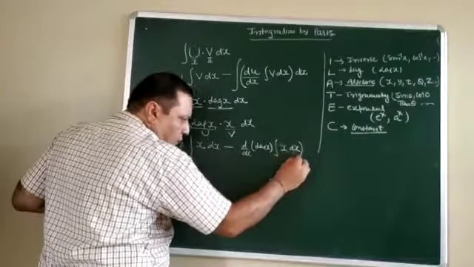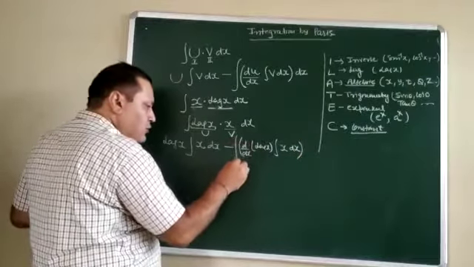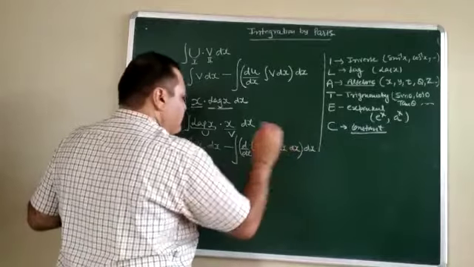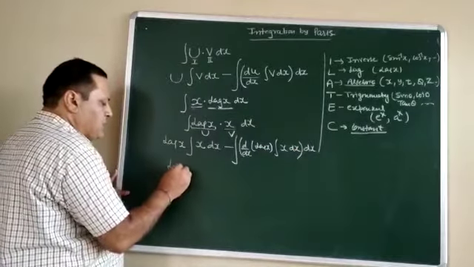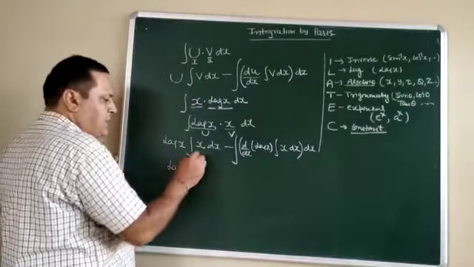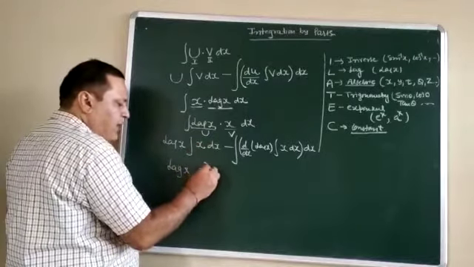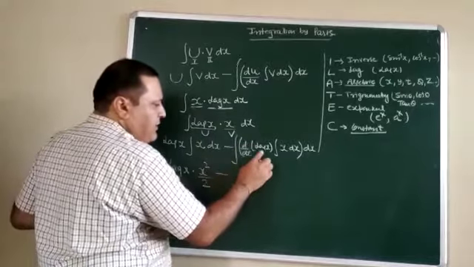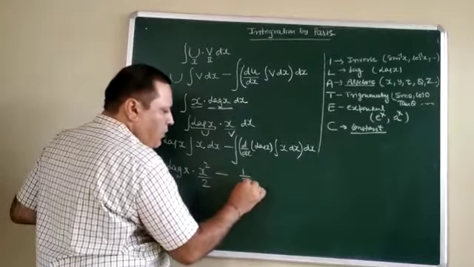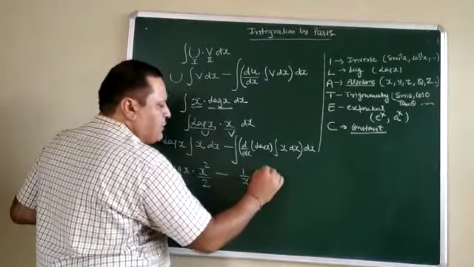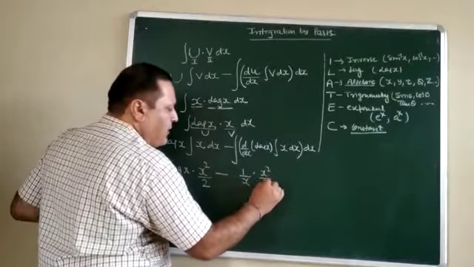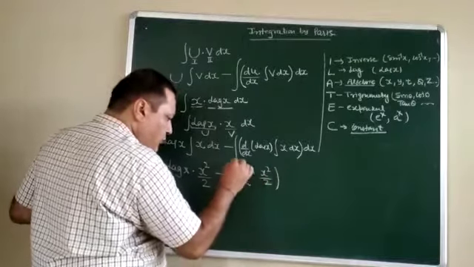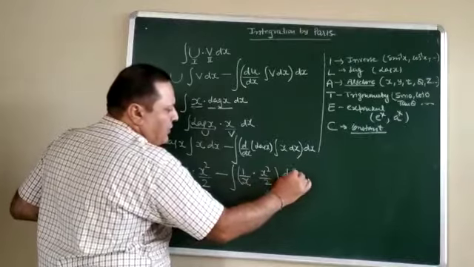Whatever result you get here, again go for integration. Clear? Now it is log of x, integration of x is x square by 2, minus derivative of log x is 1 upon x, integration of x is x square by 2. Whatever result you get here, again go for integration.